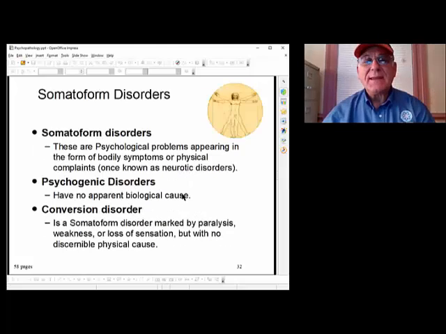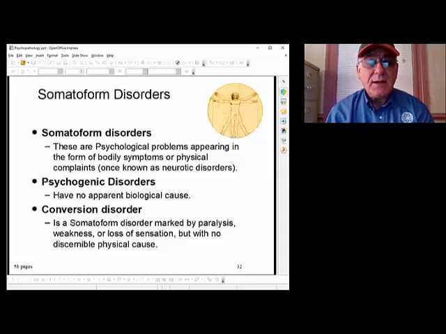Right? The somatoform disorders are called psychogenic disorders because they're associated with no physical reason, no biological reason. So somatoform disorders are psychological problems appearing in the form of bodily symptoms or physical complaints. They were once known as the neurotic disorders, and now also conversion disorders, what we call a portion of them.